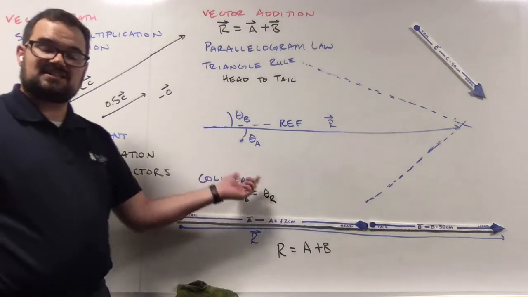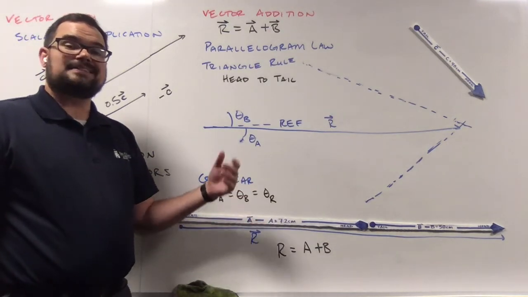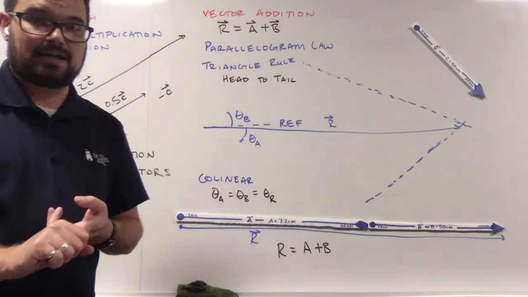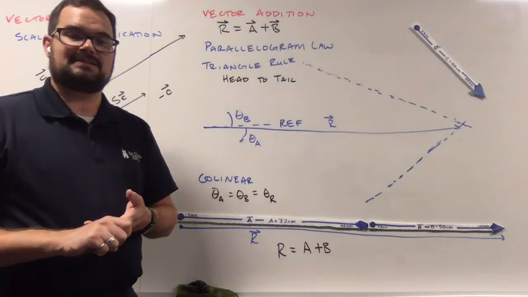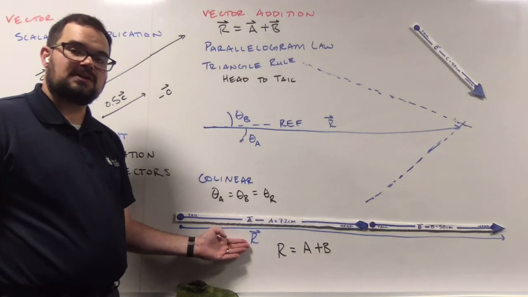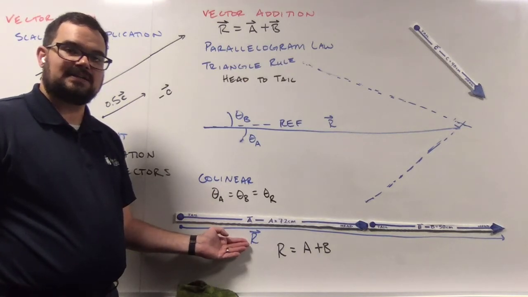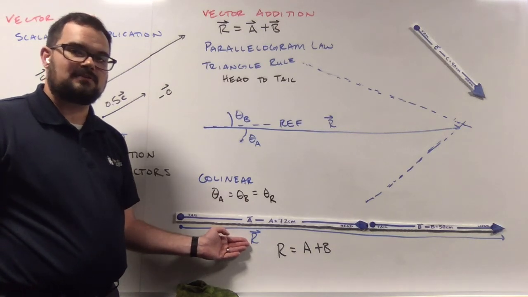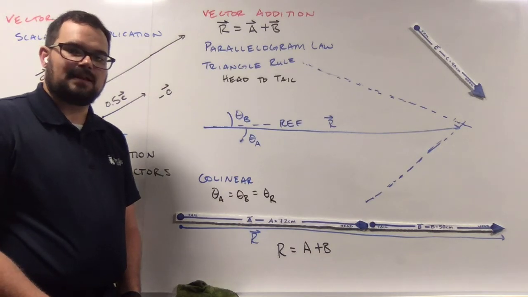This becomes super helpful because it turns out we're not actually going to want to use the parallelogram law or the triangle rule or a force polygon most of the time to do our analysis. Instead, we're going to want to work our way to a collinear system and use straight up sine, cosine, and tangent and a Cartesian coordinate system to manage our vector addition. So we'll talk about that in our next lecture. I look forward to seeing you then.